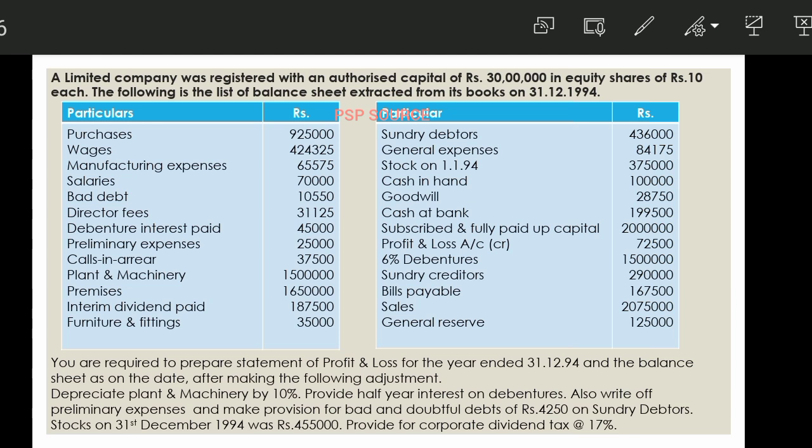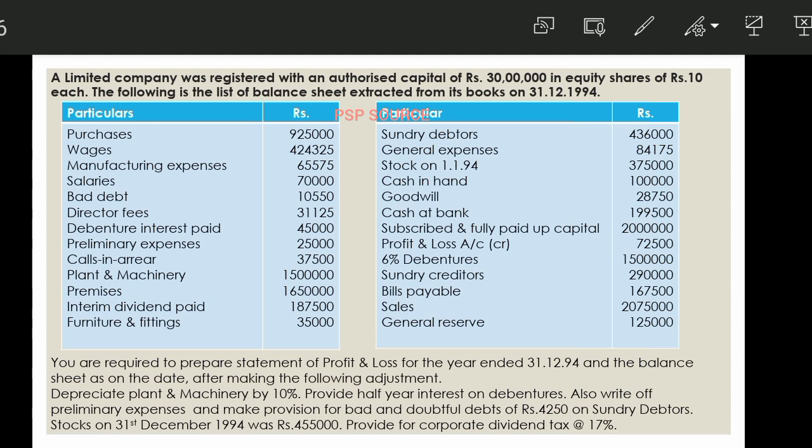Opening stock is given. Opening stock comes under cost of goods sold. Cash in hand comes under cash and cash equivalents. Goodwill comes under intangible assets. Cash at bank comes under cash and cash equivalents. Subscribed capital comes under share capital. Profit and loss, previous year profit given, comes under surplus of the balance sheet.